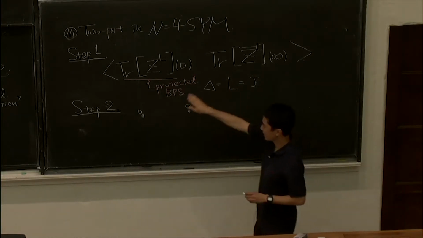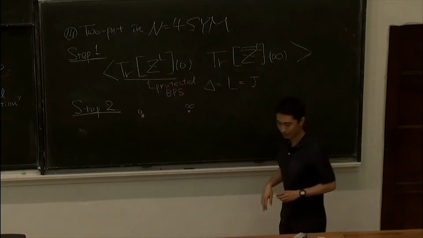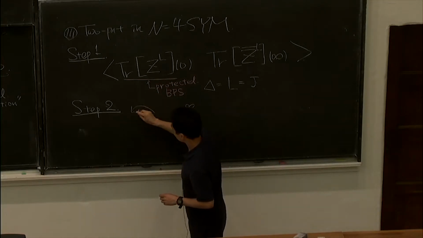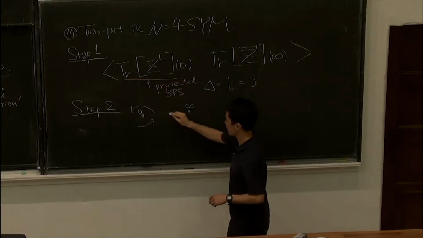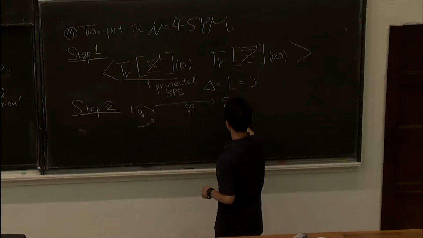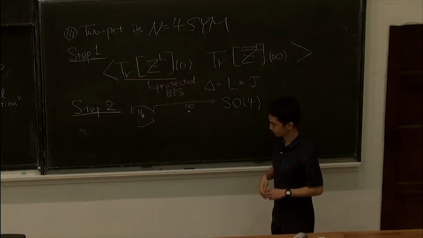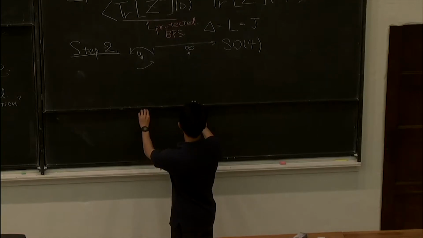We are putting operator 1 at the origin and operator 2 at infinity. The part of the conformal group which preserves this configuration is clearly SO4, which is the rotation around 0 and infinity. So this is the space-time part of the little group.